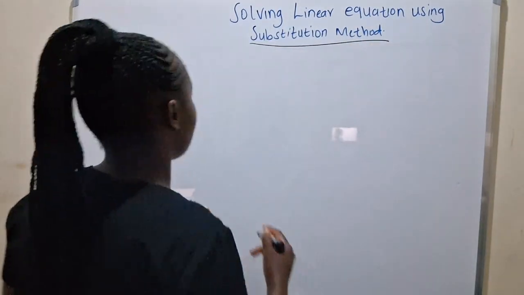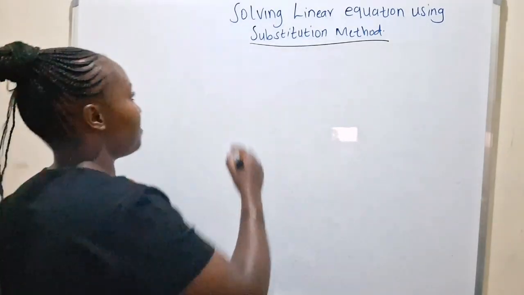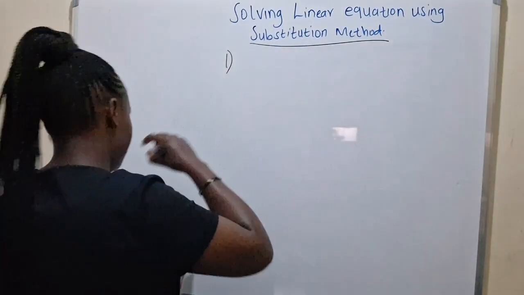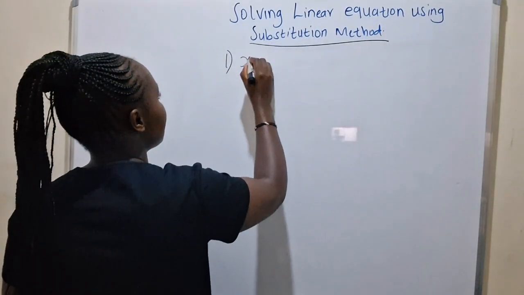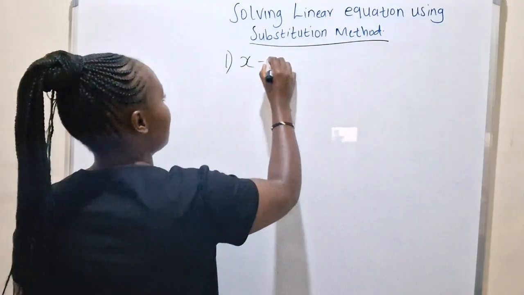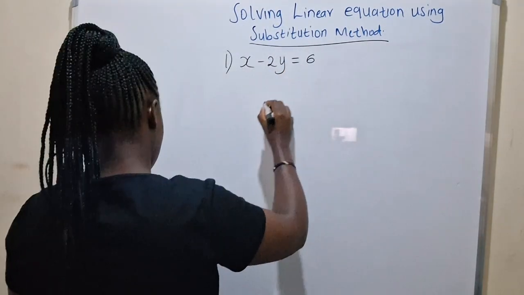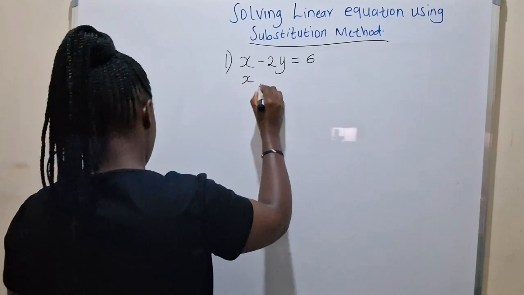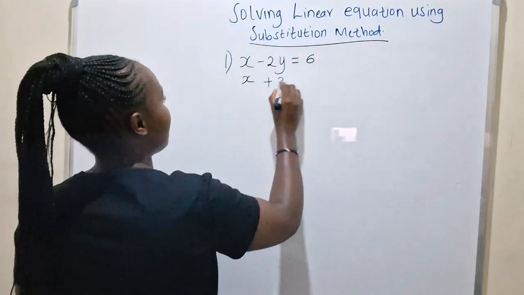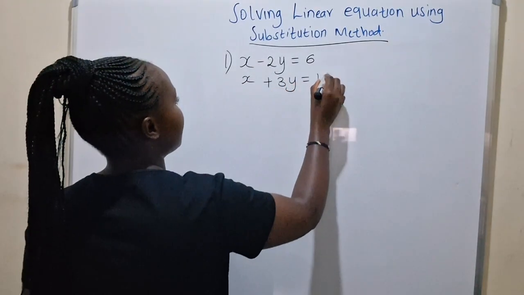Okay, without further ado, let's do our first example, which is number 1. We have x minus 2y equals 6 and x plus 3y equals 16.